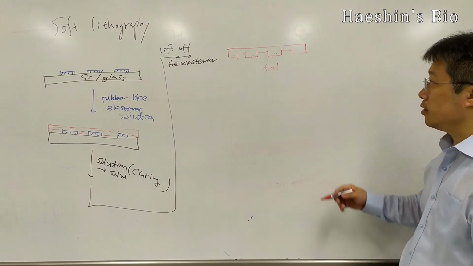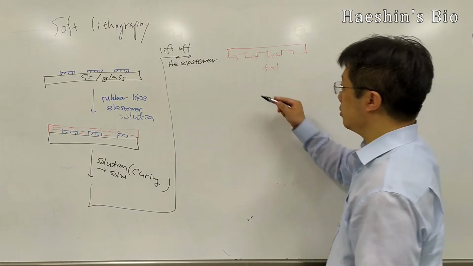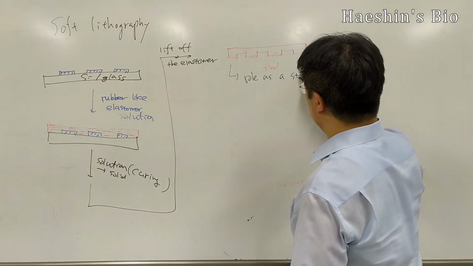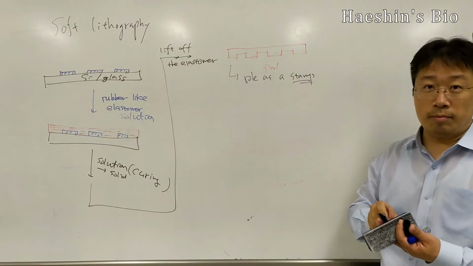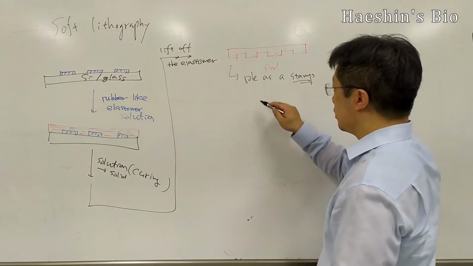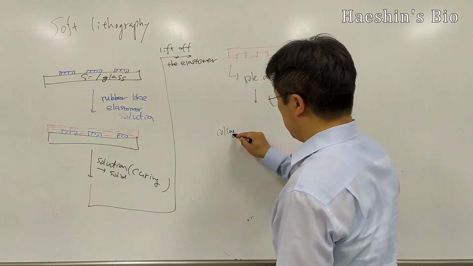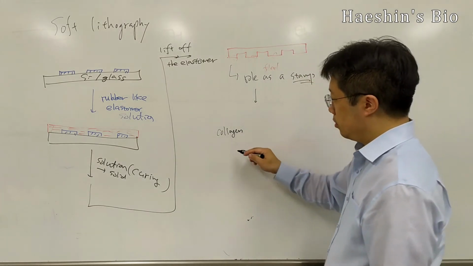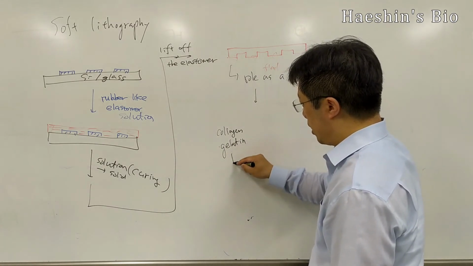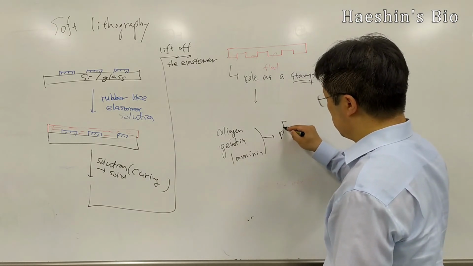It looks like a stamp. So you can make a stamp out of it, right? Say in the next step you have collagen protein, or gelatin, or laminin, or other proteins. For example, this is an extracellular matrix protein.